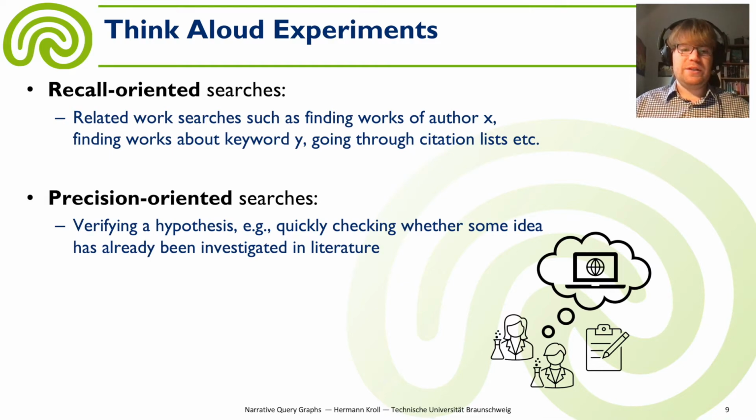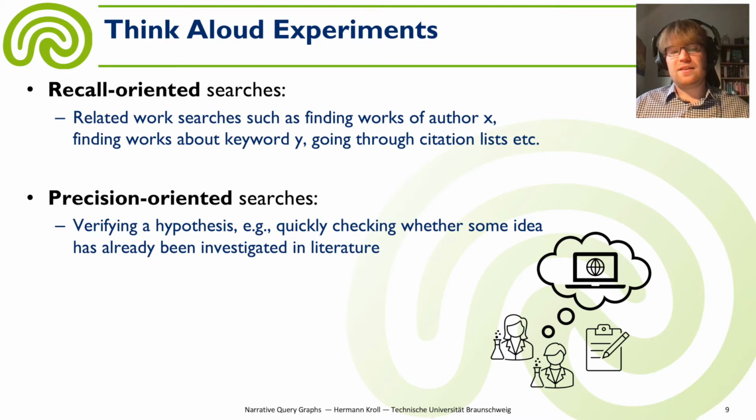And we summarize these findings into 2 categories. We see that there's a recall-oriented search paradigm. So there are searches such as finding works of author X, or finding works about the keyword Y, or going through citation lists. So therefore, the users do not want to miss a hit.